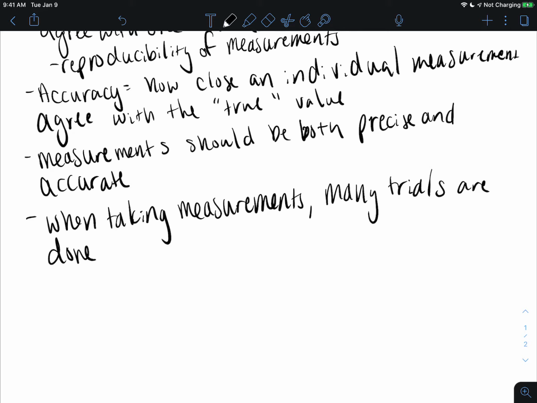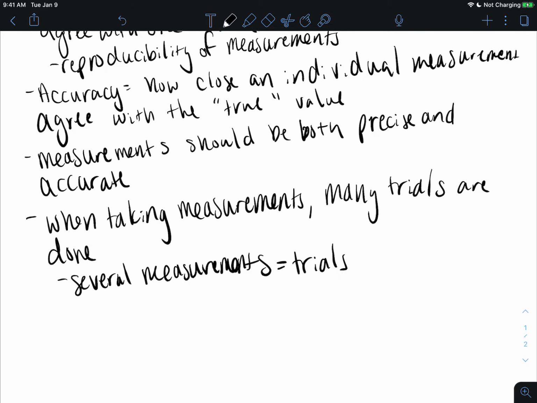You want to make sure that you are getting that reproducibility, that your measurements are precise, and generally also as accurate as possible. And in order to do that, you have to take several measurements, which we call trials. So several measurements are trials.